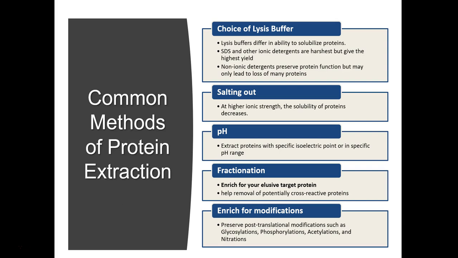For these buffers and for these detergents, we can have choices of ionic versus non-ionic detergents and buffers. Ionic detergents, like SDS, are going to have some sort of a charge, usually a negative charge. They are harshest, so you get a lot of yield of protein, but they put a negative charge on all your proteins.